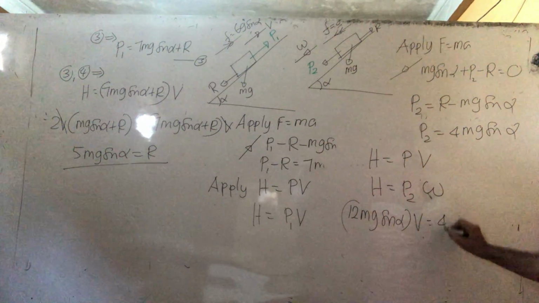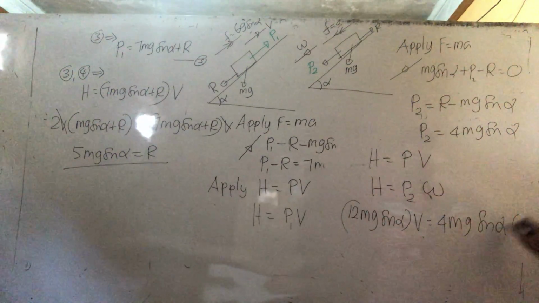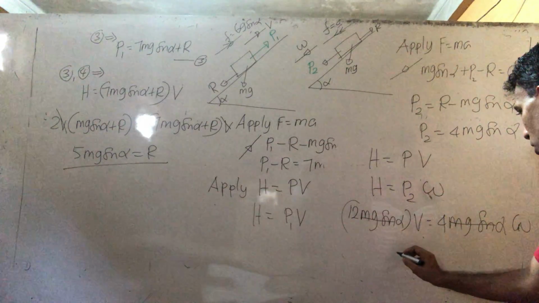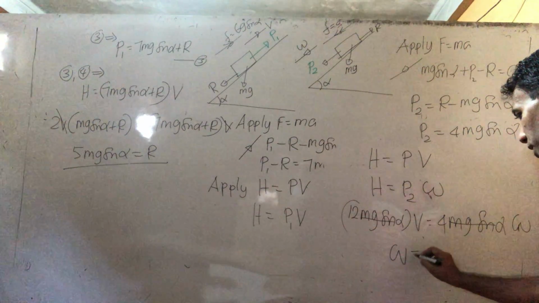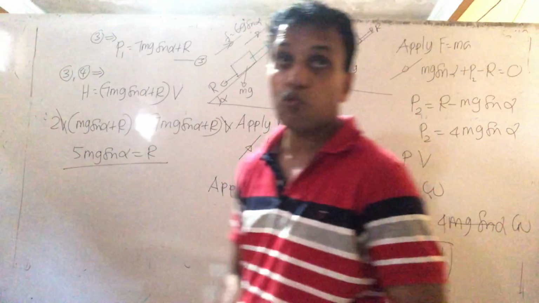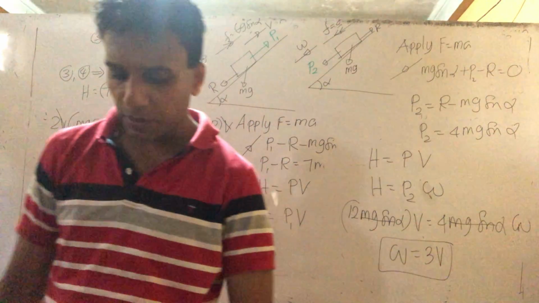P2 equals 4 mg sin alpha into W. So mg sin alpha cancels off. So what answer? W equals what? 3V. Yes, W equals 3V in terms of V, as they ask.